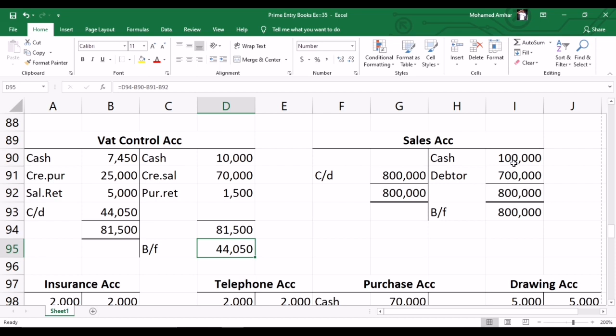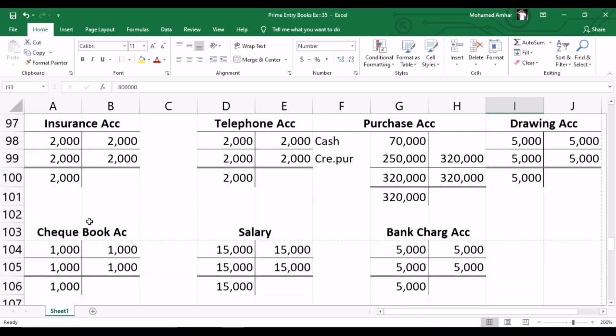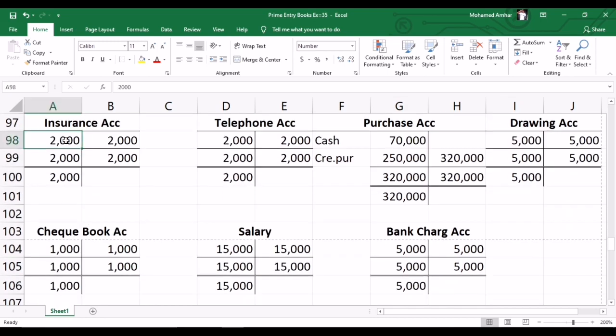Same as sales account, cash sales, credit sales, total and total, carried down and brought forward. Same as insurance, total, carried down, brought forward. Same as telephone 2000, total, carried down, brought forward.